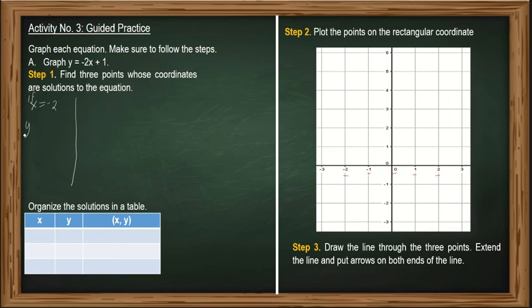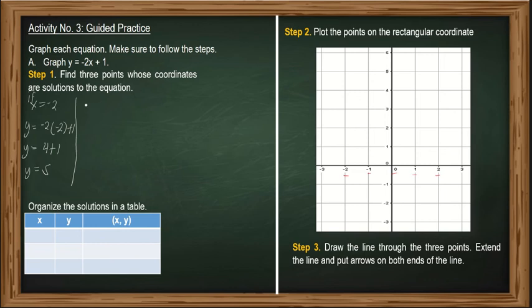We have y is equal to -2 times our x, which is -2. Do not forget to add 1. We have y is equal to -2 times -2 is +4, plus 1. Y is equal to +5.